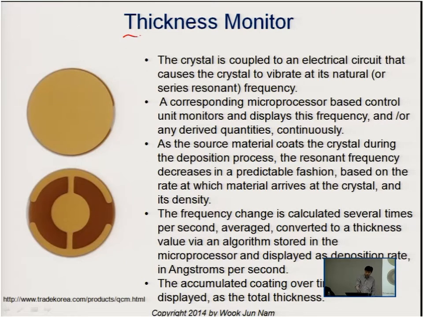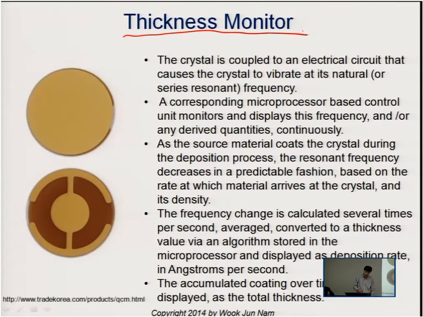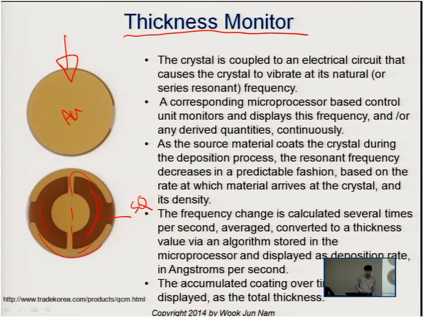One good news for using physical vapor deposition is you can use a thickness monitor, which is a kind of sensor. This is the gold, and this clear disc is single crystalline quartz, and there is another backside gold. Using these two gold electrodes, front and back, it monitors the resonant frequency of the single crystalline quartz.